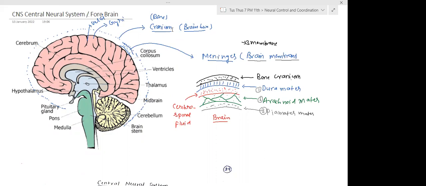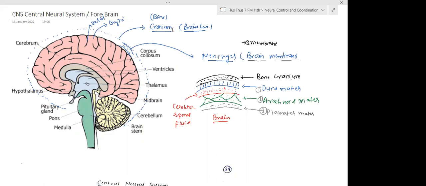When we fall down, get hit by something, or somebody falls on our head, the bone gets the shock or gets hurt. But after the bone, there are some shock absorbers which absorb the shock and do not let these forces reach the brain.